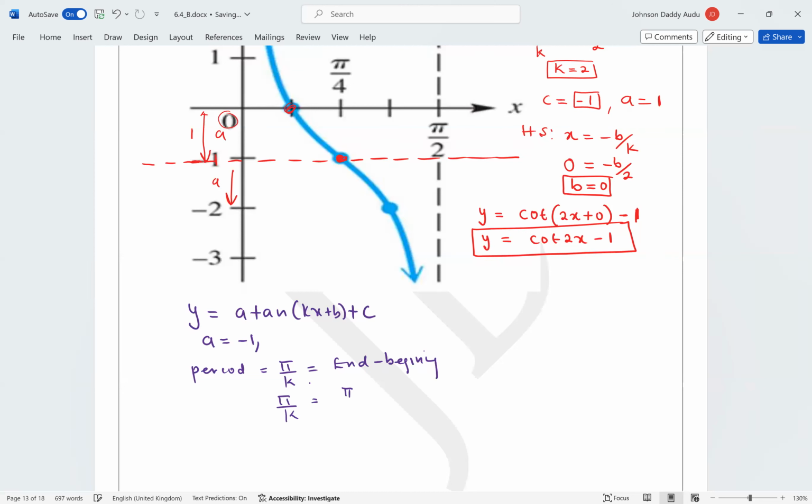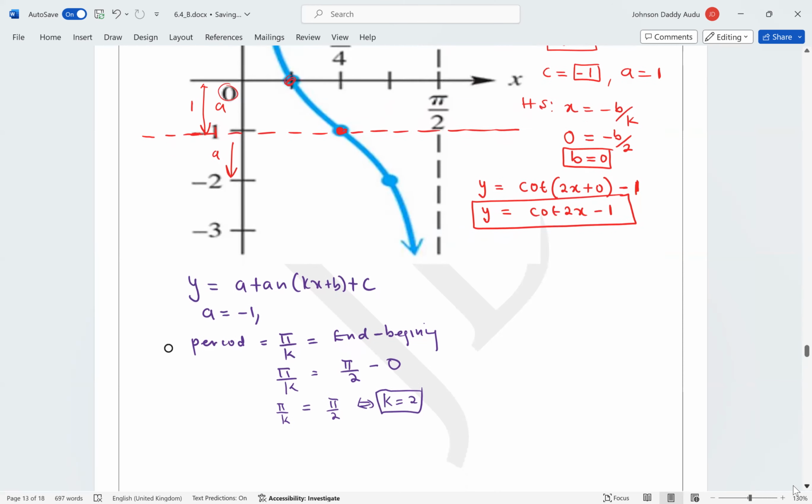The end is still pi over 2. The beginning is still 0. So we will have that pi over K is equal to pi over 2. And this means that K is equal to 2.